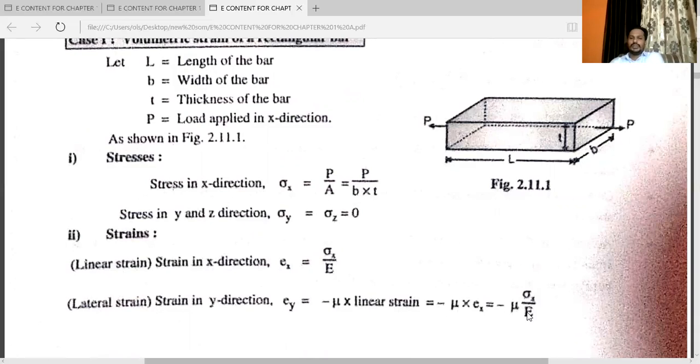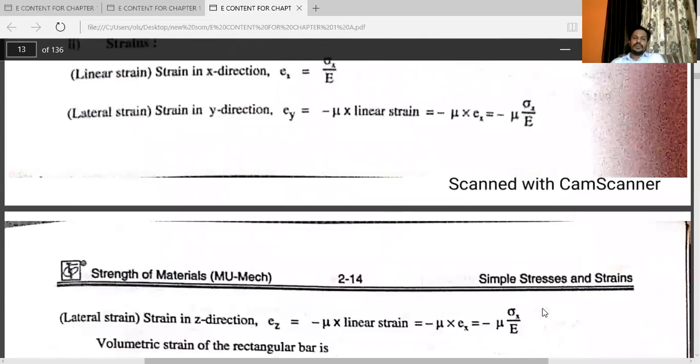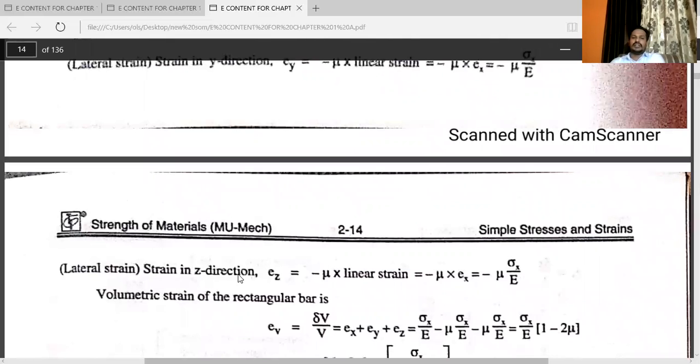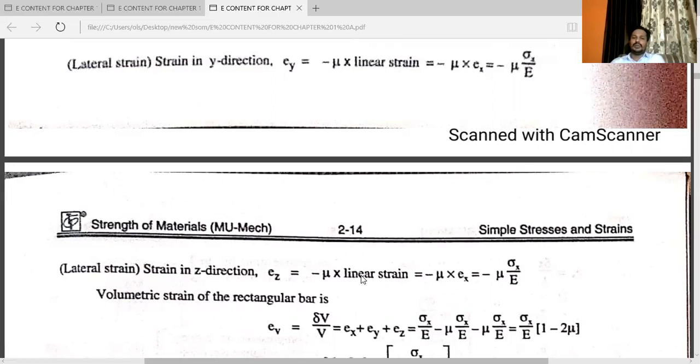So according to this, here Ey is equal to minus mu sigma x upon E. And lateral strain in z direction, Ez is equal to minus mu into linear strain. So minus mu into Ex, again there will be a minus mu sigma x upon E.